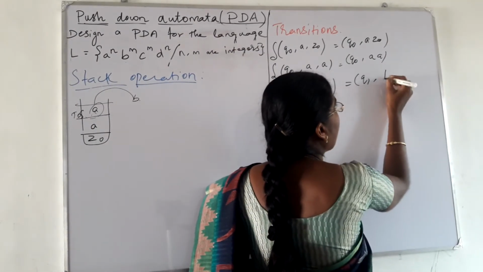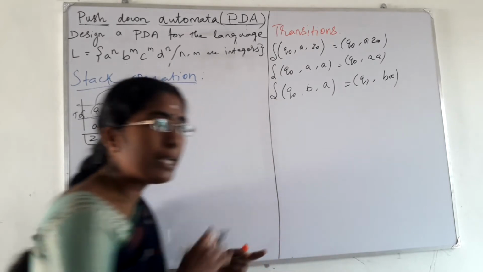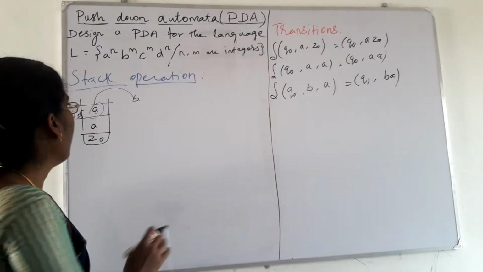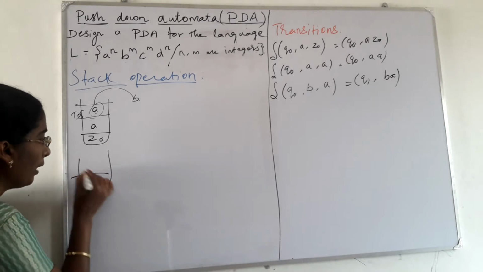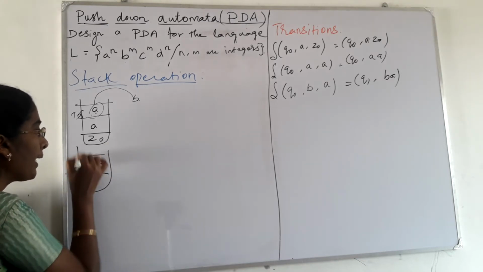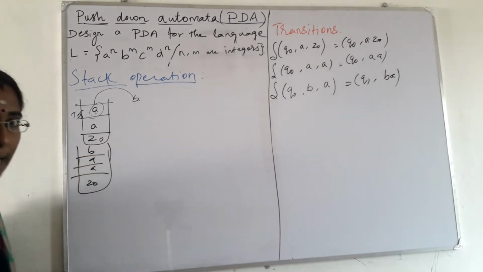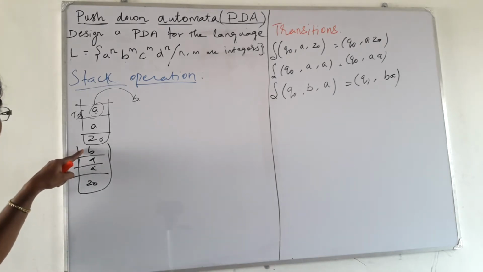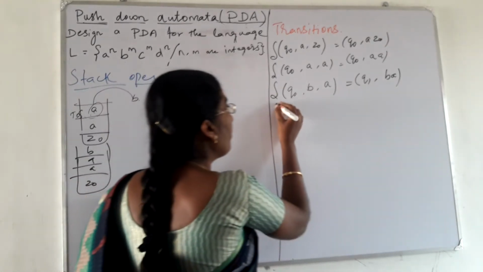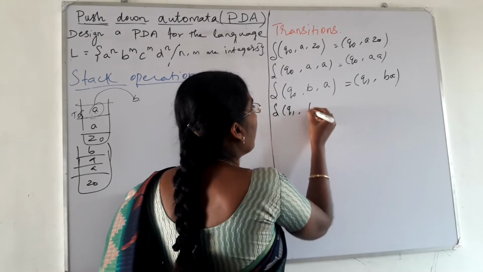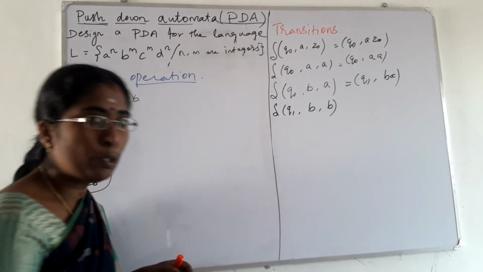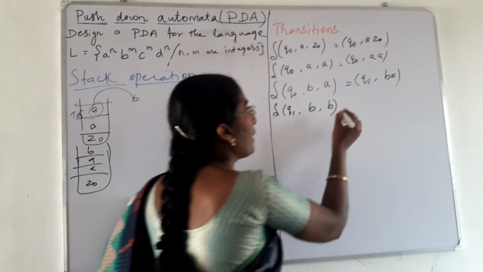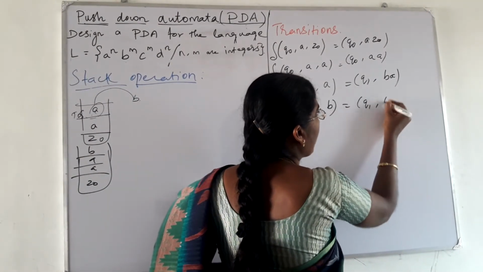Now the stack has BA. Again a B is pushed onto the stack. What is the top of the stack here? B. From the state Q1, reading the symbol B with the top of the stack also B, that B is also pushed onto the stack.